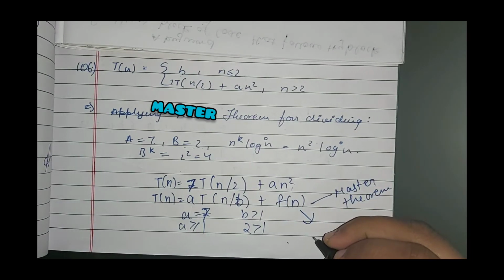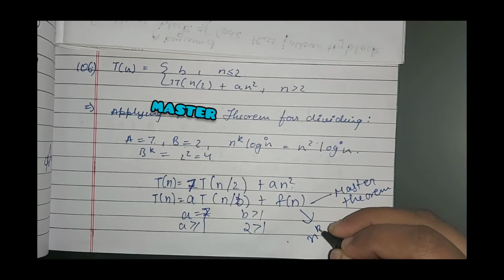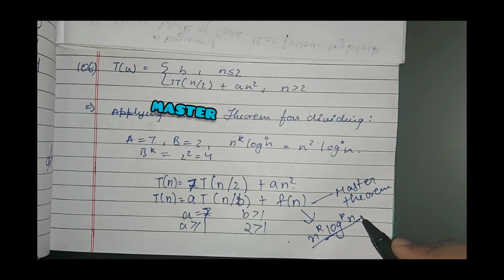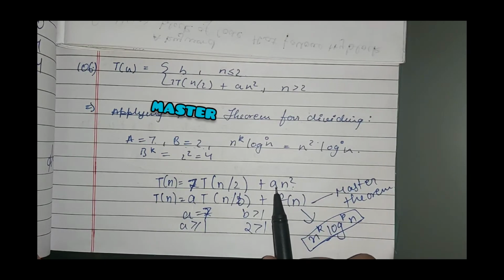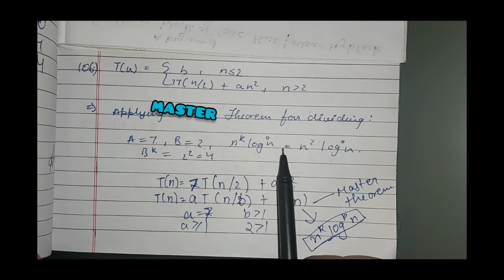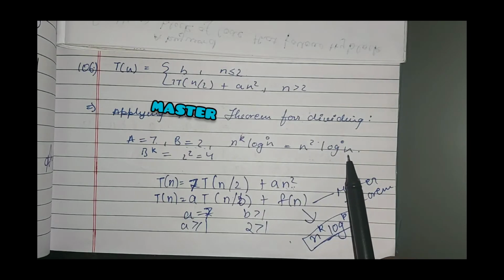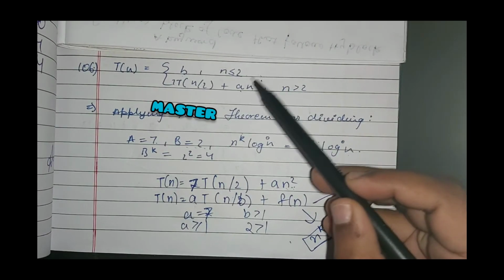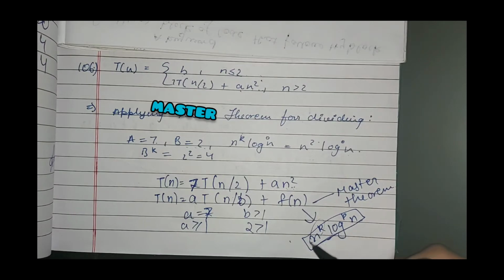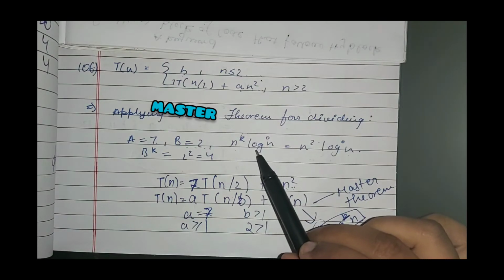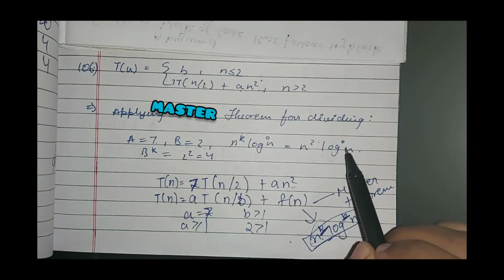It has to be in the form of n^k log^p n. So n^k log^p n is equal to n square log^0 n, because here we are having n square, so we are having the value of k only, not of p, right? So we will be having n^k log^0 n equal to n square log^0 n.